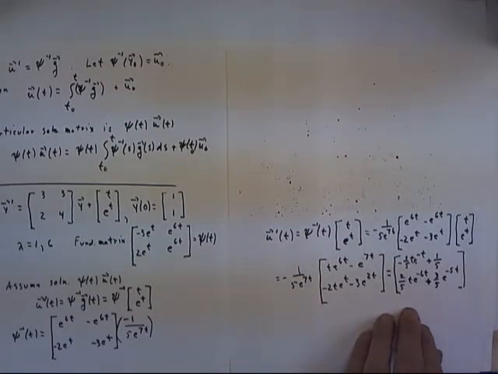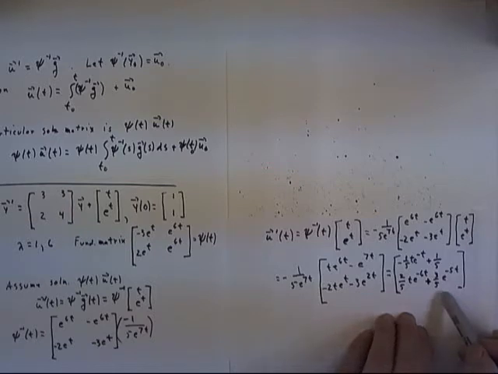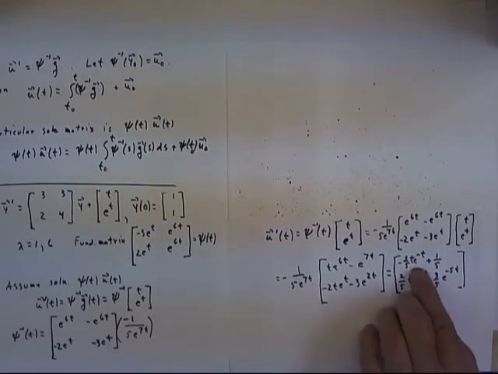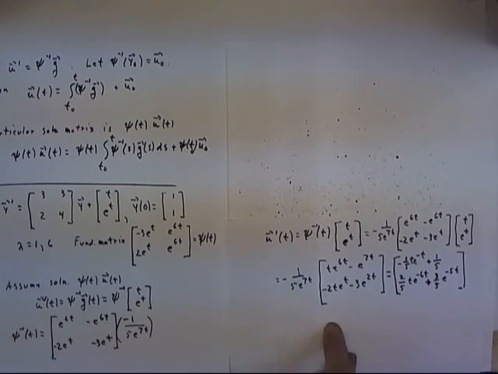I'm not going to go through the details of these integrations. I'm just going to write down the results because these are all integrals that you've done many times in this course. We have to use integration by parts on this term and this term. This one's just a straightforward integration. So I'm just going to write down the result, and I'll do that off camera.